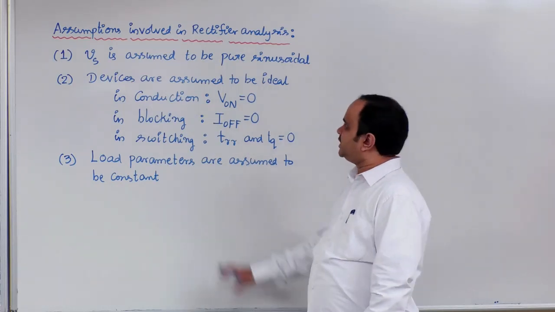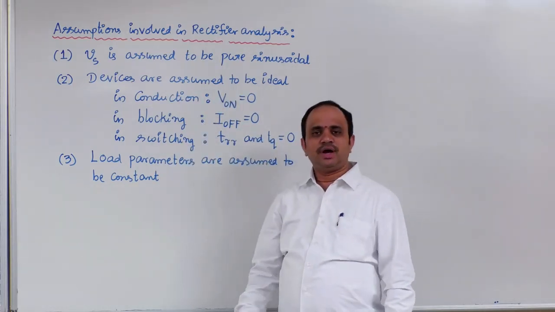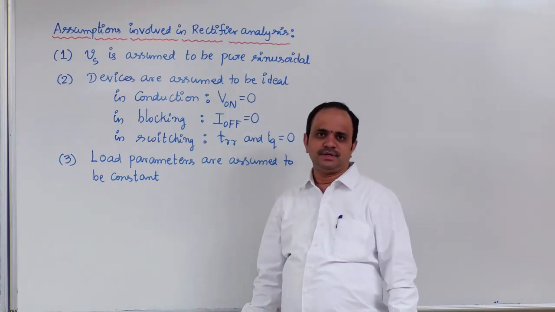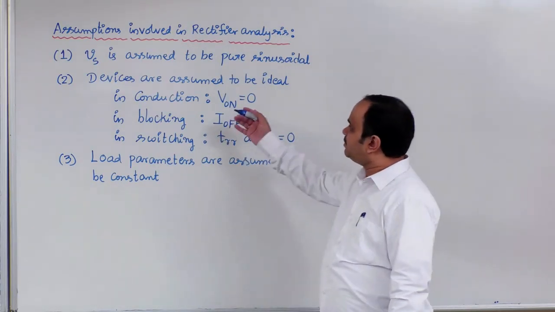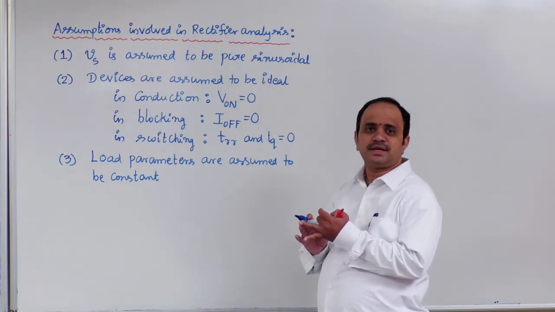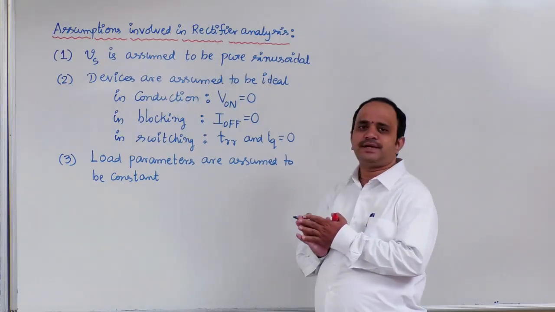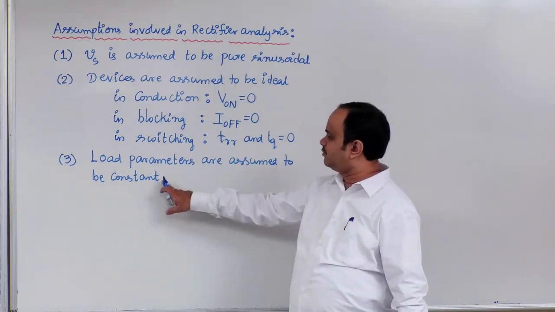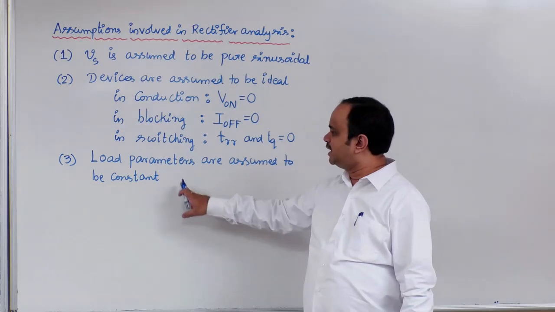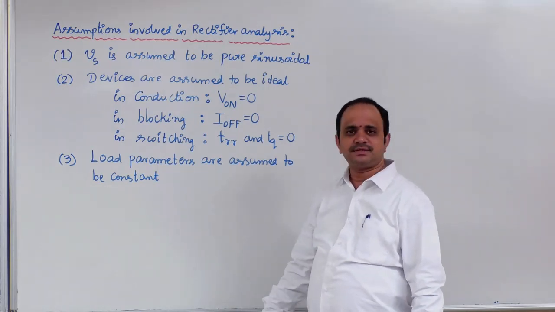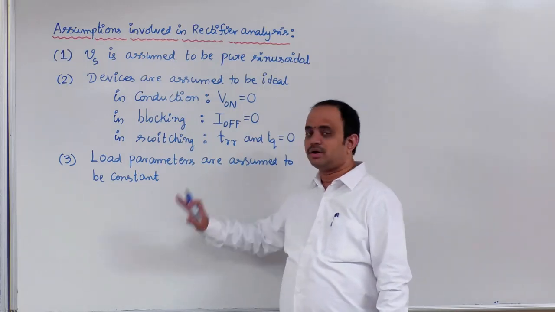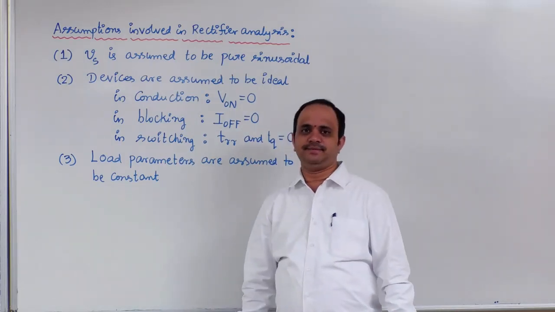With these assumptions, now we can start our rectifier analysis. Let us recap. Source side voltage is a sinusoidal waveform. Devices are ideal. Load parameters are treated as constant. You will have this type of assumption even in control systems, a linear time invariant system, where circuit parameters are treated as constants with respect to time.